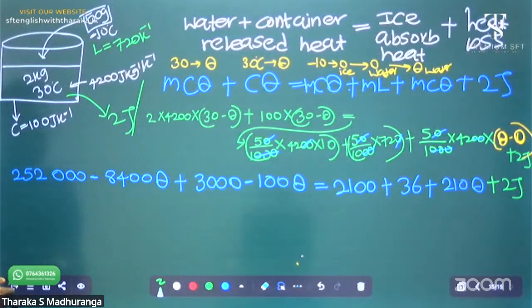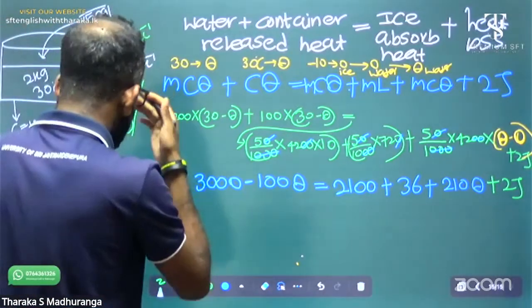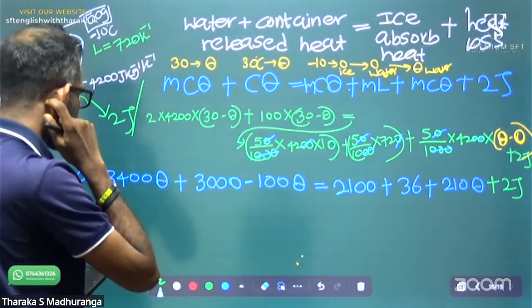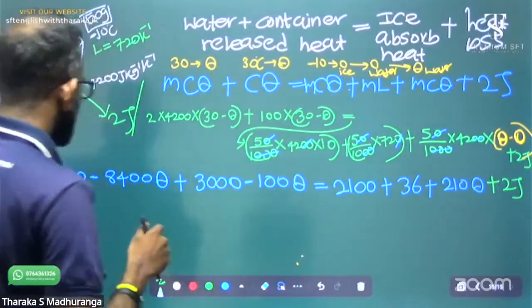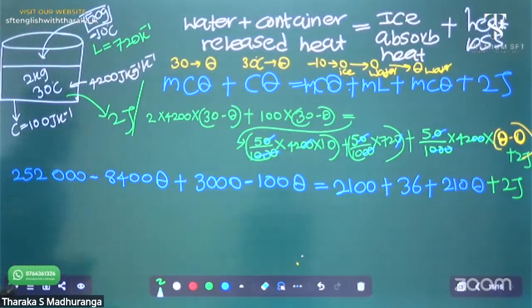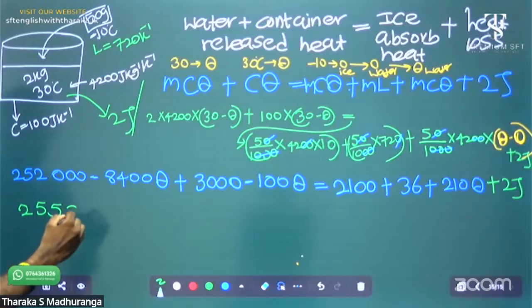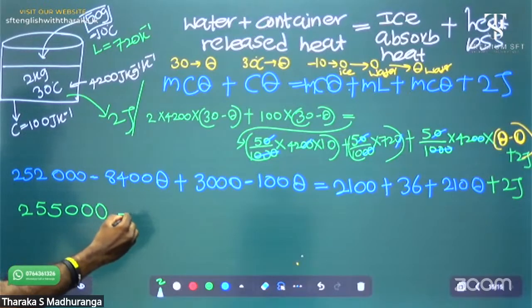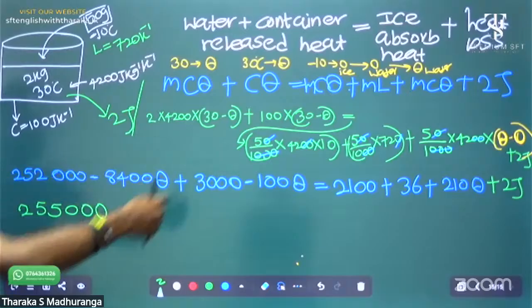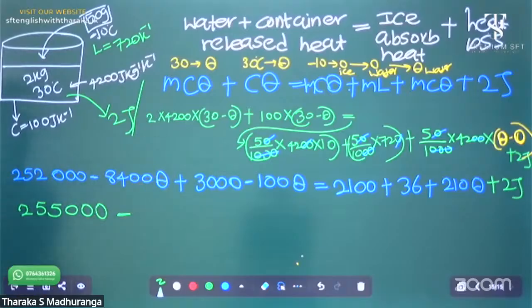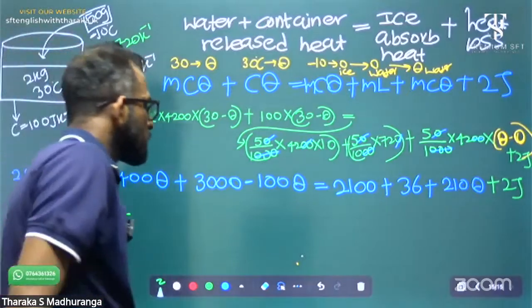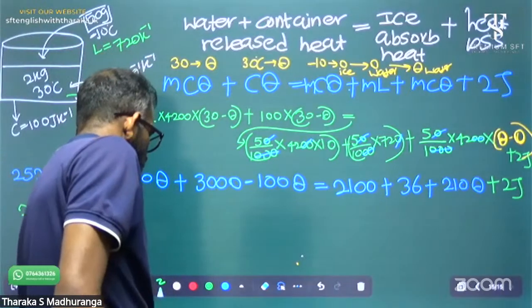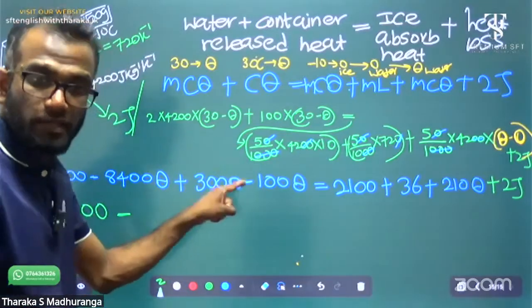Now at these values, 255,000 minus, it is minus adding 8,400 theta, minus 8,400 minus 100.